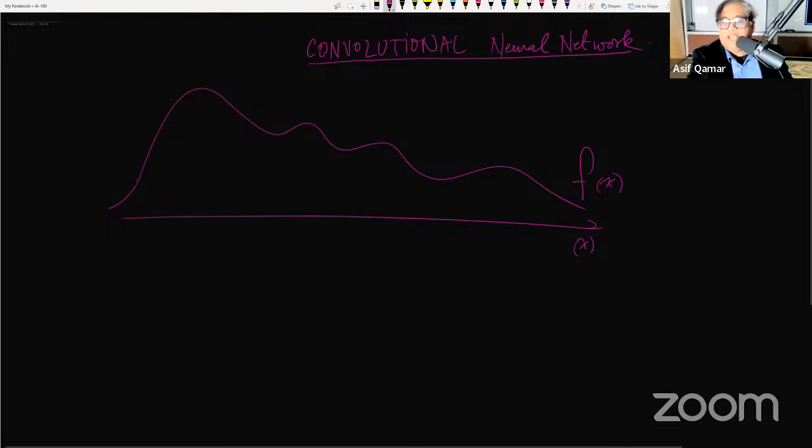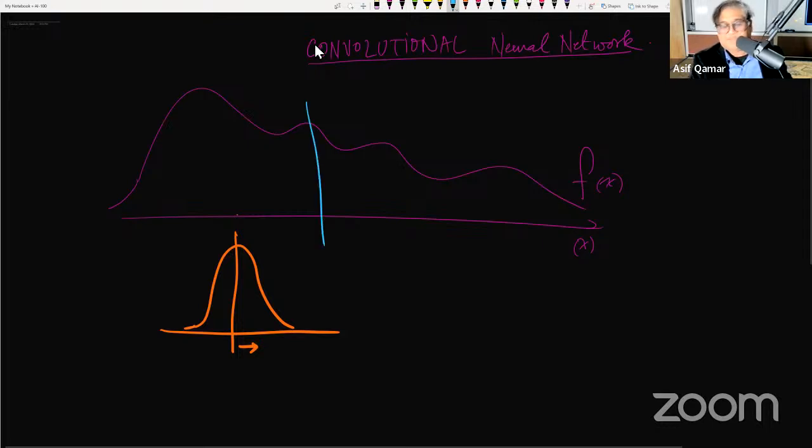What you can do is apply a windowing function, like a bell curve like function. Suppose I get the freedom to move the center around, and I want a local view of the situation around here.